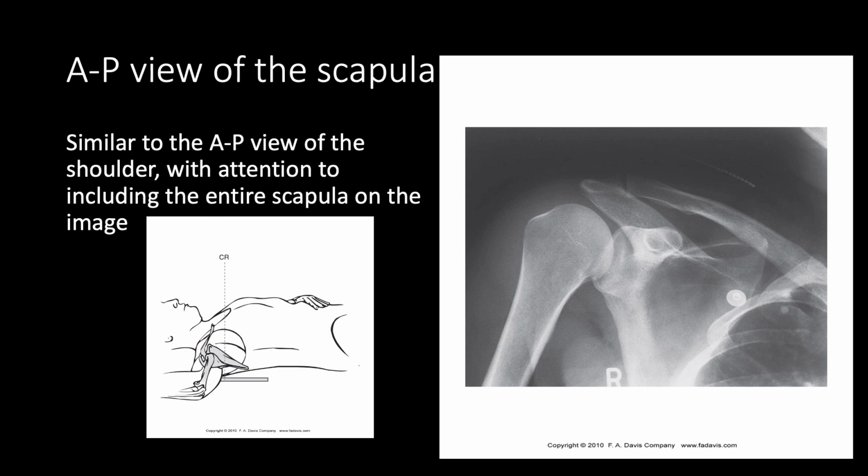So here you're going to put the shoulder in a 90-90 position here. 90 degrees external rotation, 90 degrees abduction. Shoot the X-ray beam through the chest with the plate underneath the patient. So you really have to look closely at the scapula to see if there's any types of fractures or pathology in the scapula.